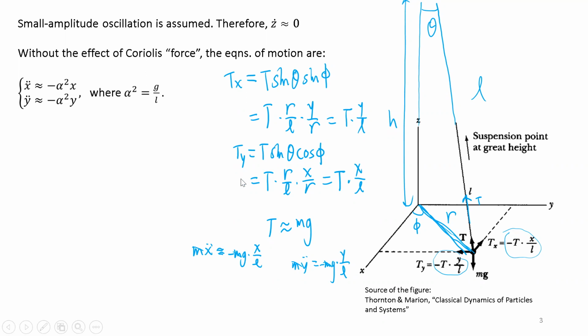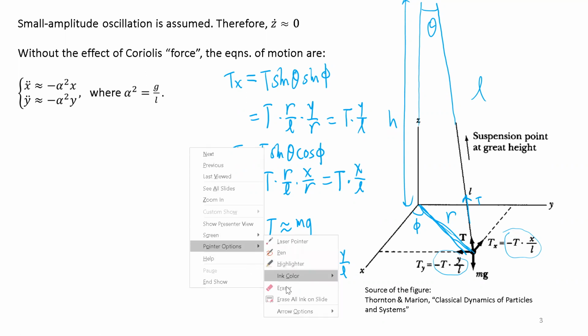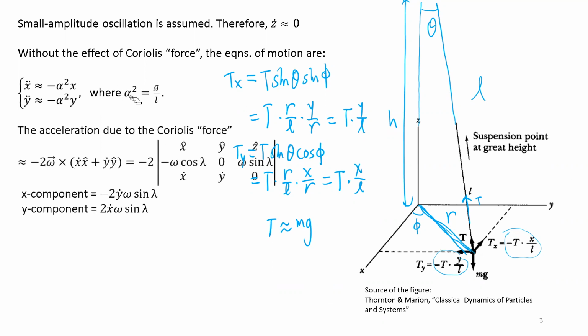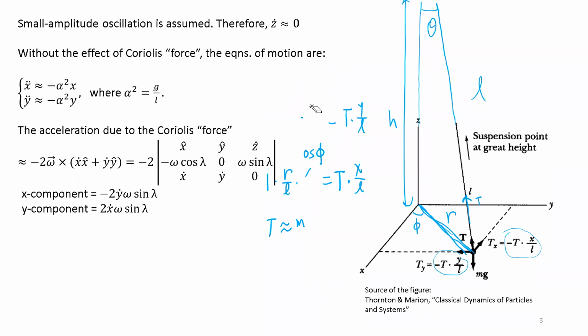Okay, so this is just considering the real force. Now, of course, we want to consider the Coriolis force. Again, we are going to look at the omega cross V term.